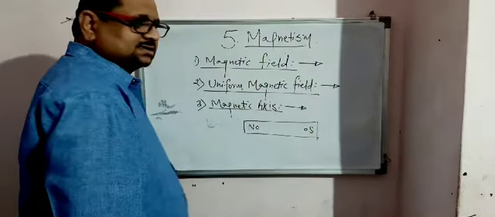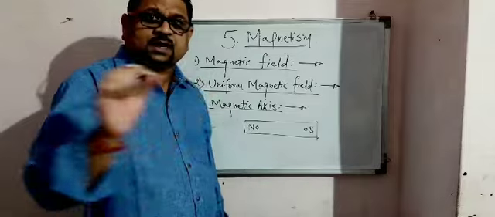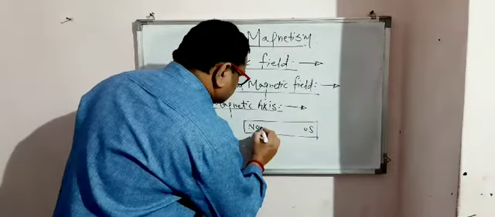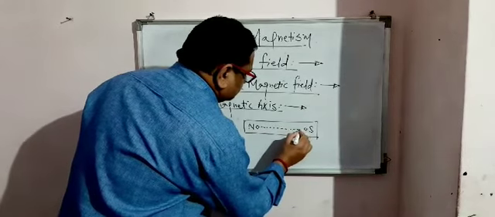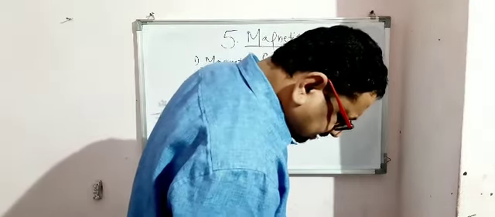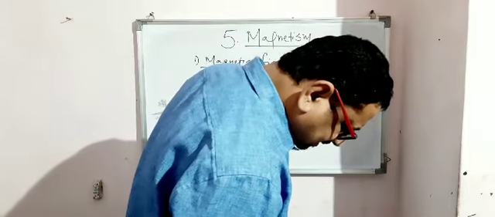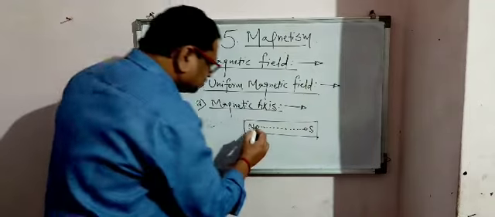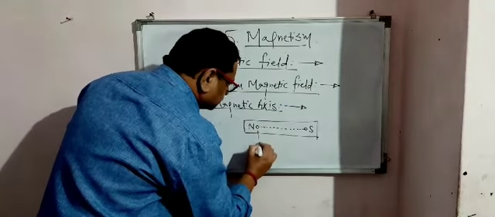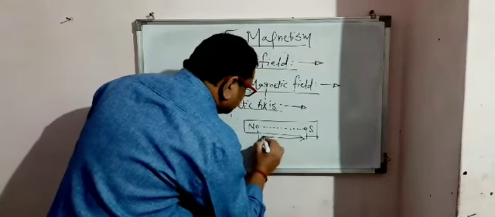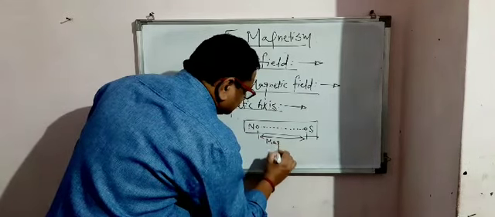Then the magnetic axis is the line passing through both the poles, joining them. That is the magnetic axis, the line passing through the poles of a magnet. So this is one of the poles, this is another pole. That is the magnetic axis.